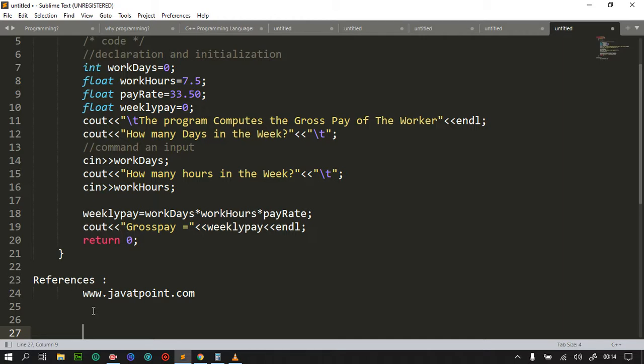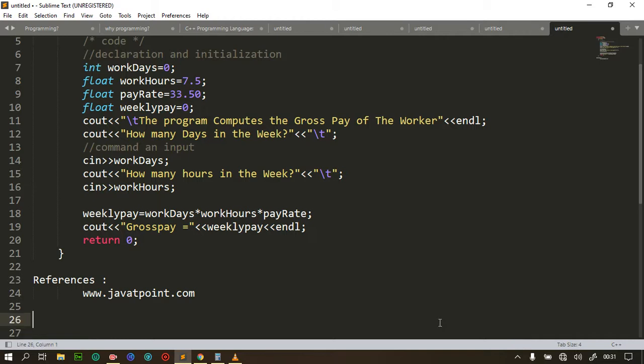Okay, in the next section, let's look at something that is really very important. We're extracting this from the example that we have just done.